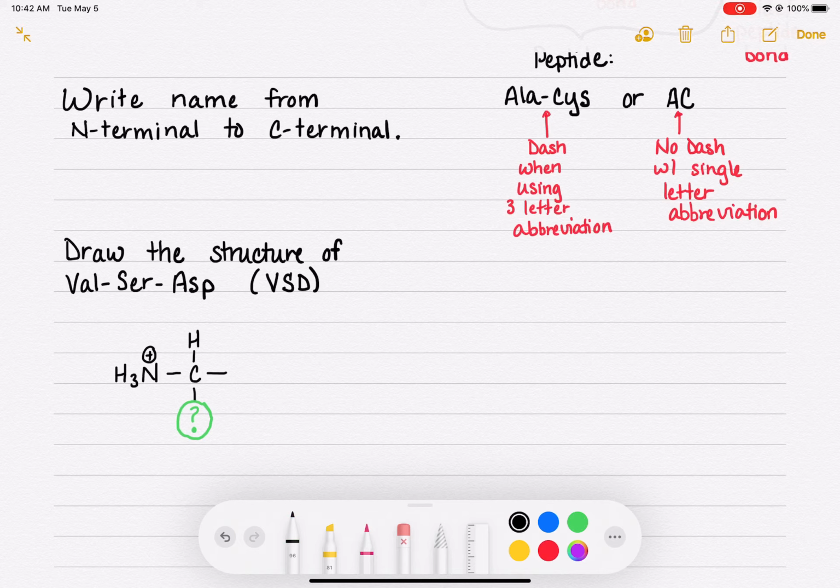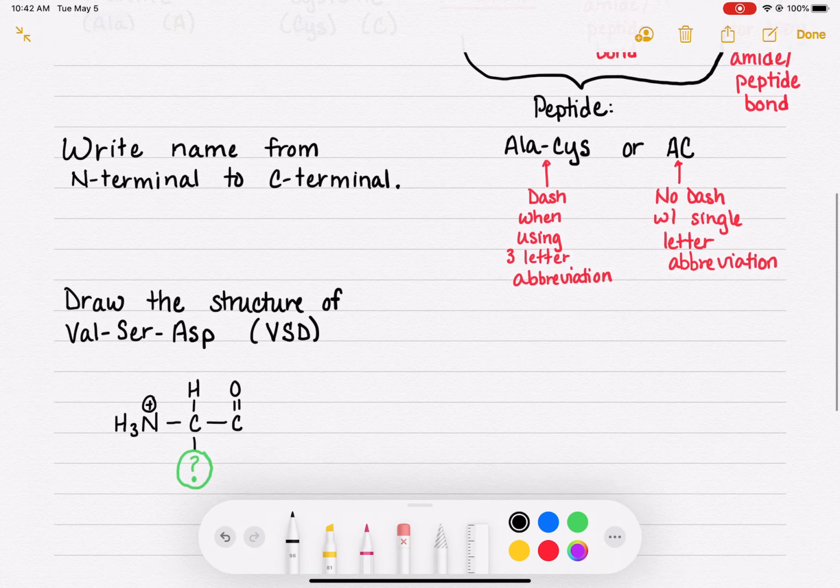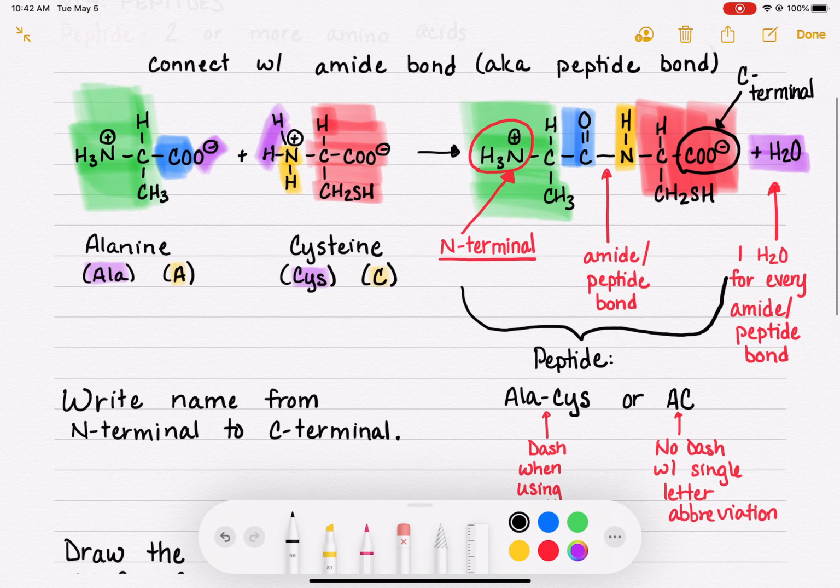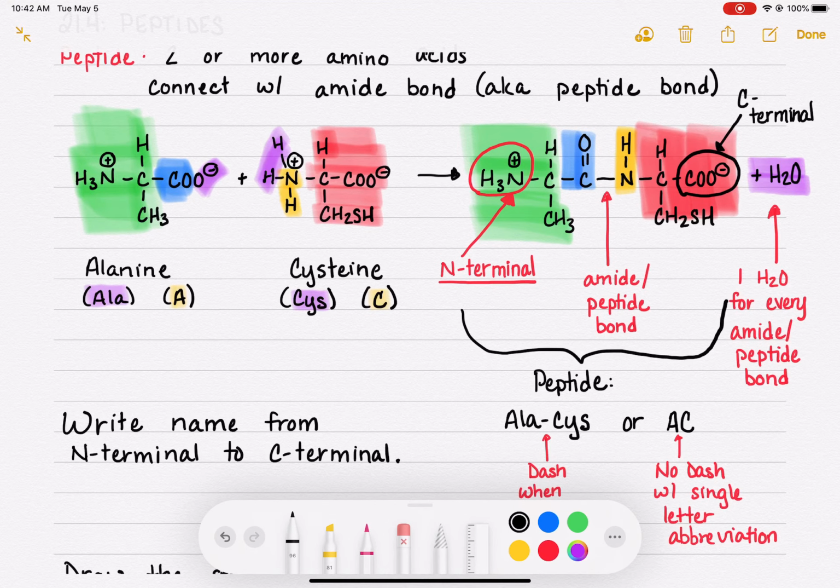And then for this amino acid, it gets to keep on its right-hand side its carbon and one of its oxygens. Let's look back up at our reference here. So what we have shown up here in blue, it gets to keep the carbon and one of its oxygens, and that's it. And the next thing that happens then is that we now connect to the next amino acid in the chain.